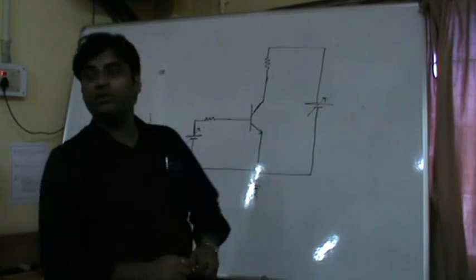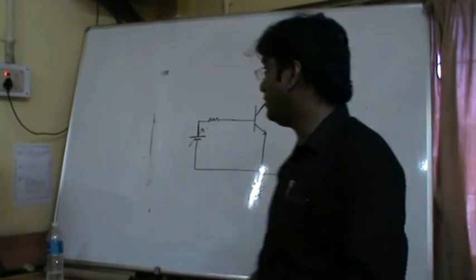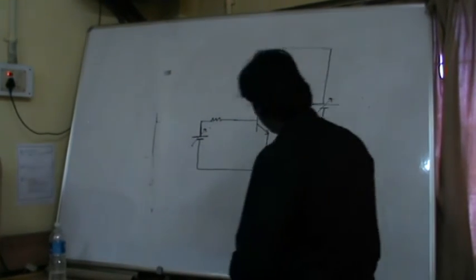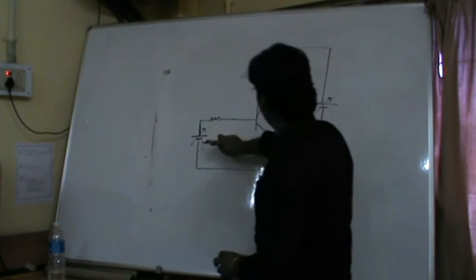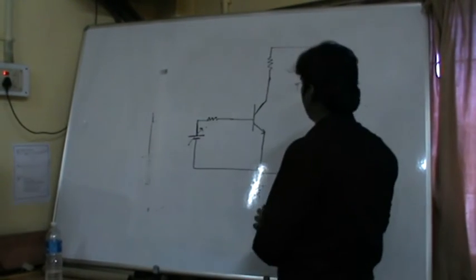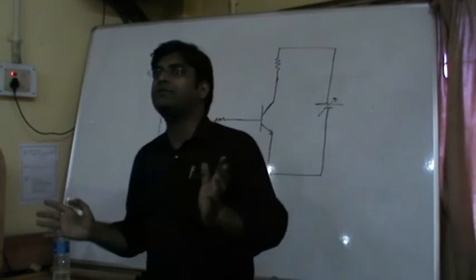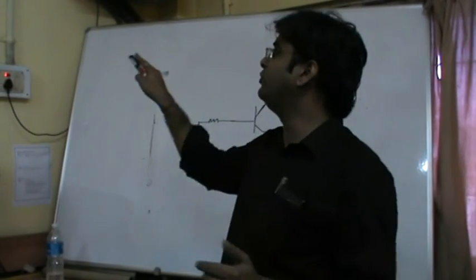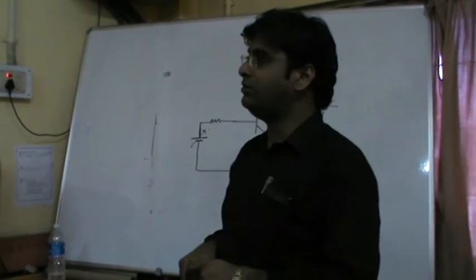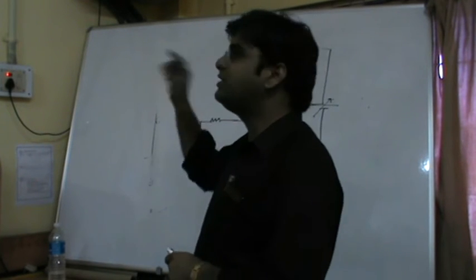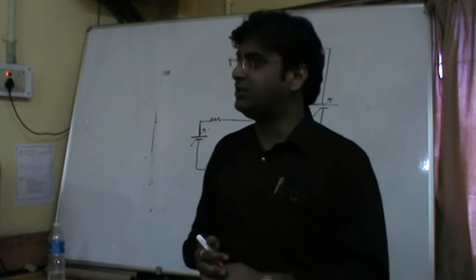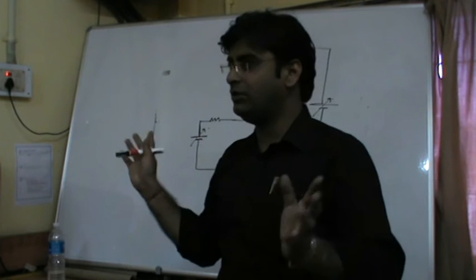Now I am asking you this question: if I am introducing this type of circuit, any type of circuit, suppose a fan is rotating and there is a switch. So this is the input and the fan rotating is the output. Okay. That's true.